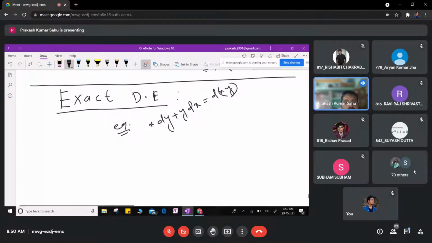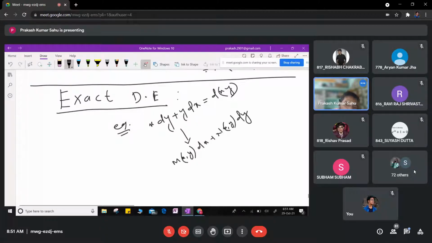This form is called exact. It means if you integrate this, because this form is in the form of M dx plus N dy.